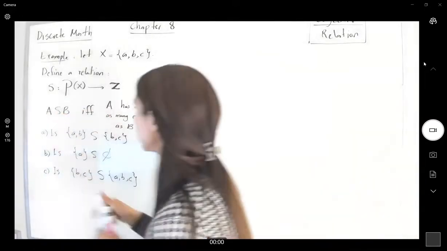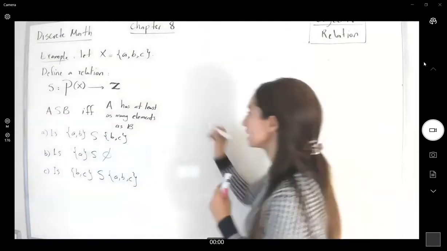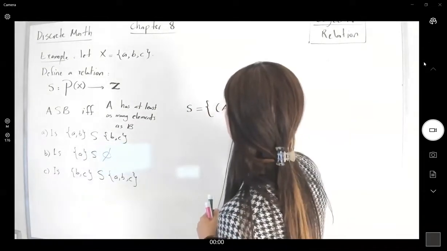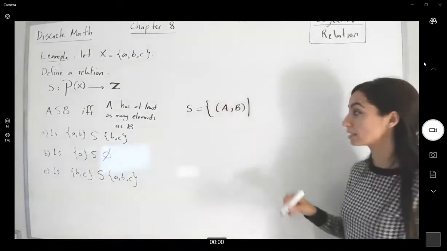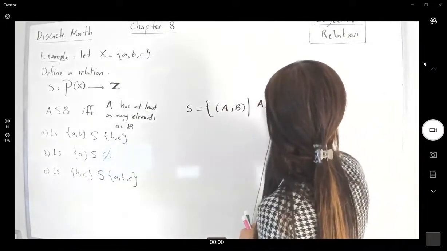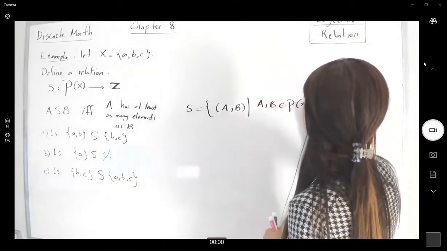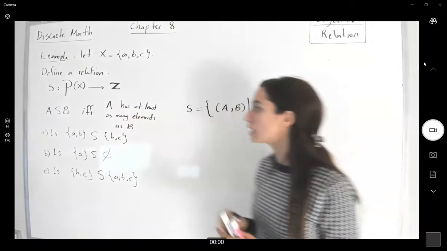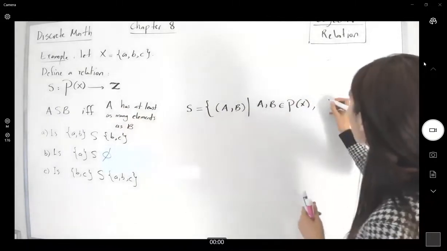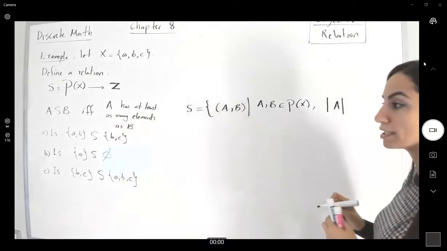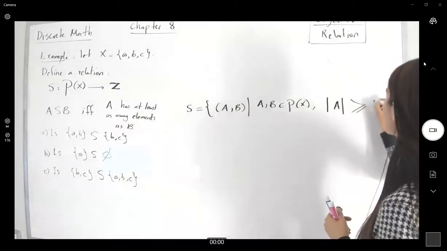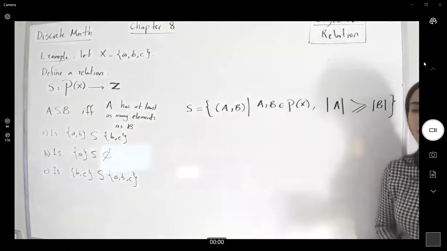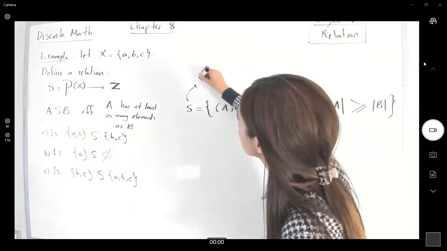Okay, we define S to be the set of all pairs A and B, such that A and B, first of all, both belong to the power set of X, and A has at least as many elements as B. It means that the cardinality of A must be greater than or equal to the cardinality of B. This is the way that we can represent this relation.